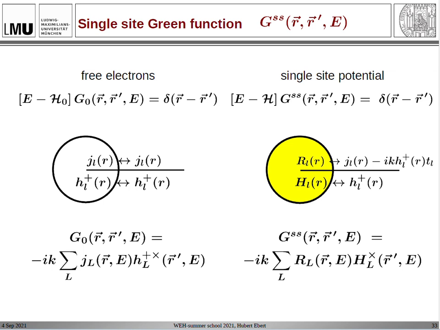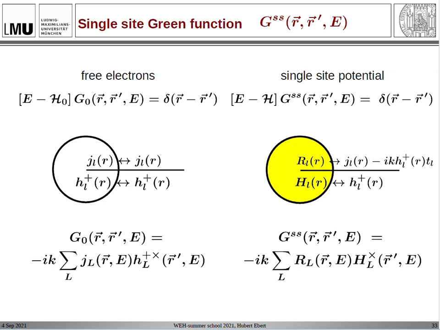And that means, in practice, this function is obtained by calculating outwards up to the muffin-tin radius, and then we match. And this other function is just obtained by starting with the Hankel function and integrating inwards. This has an unpleasant behavior that it will typically diverge if we come to the nucleus.